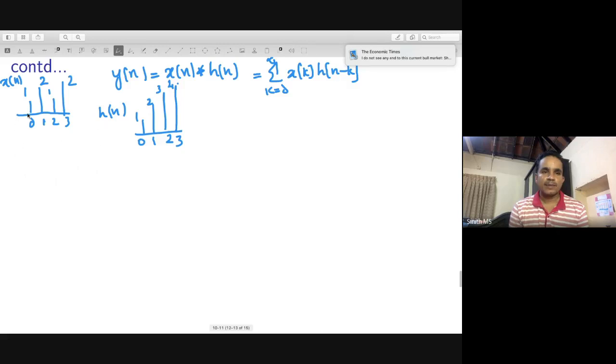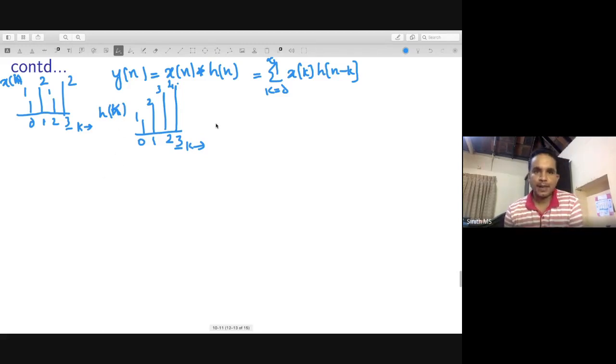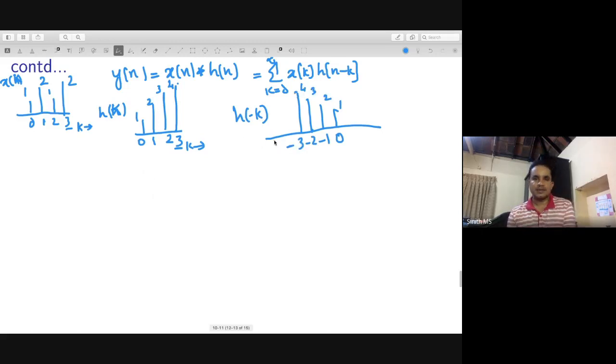If the variable is k, this becomes x[k], and here also, let us change the variable to k such that the signals become x[k] and h[k]. How will you find h[minus k]? Just time reverse it, flip it with respect to the y-axis. Then what you are going to get is 4 3 2 1. So here you have 0, minus 1, minus 2, minus 3. So this is h[minus k].